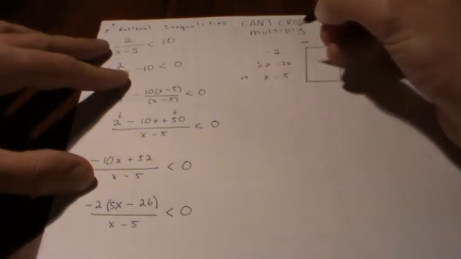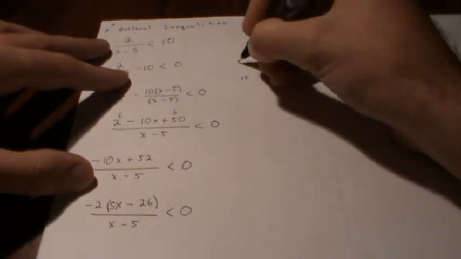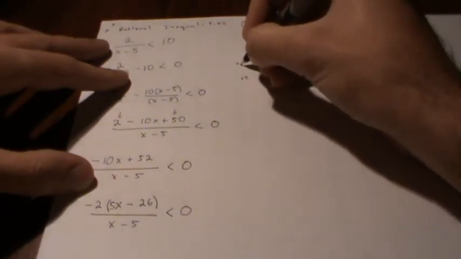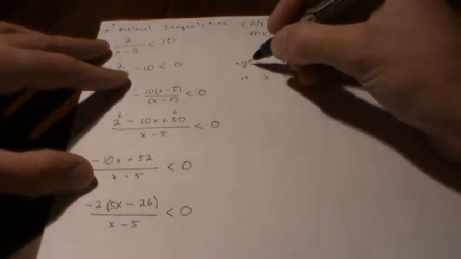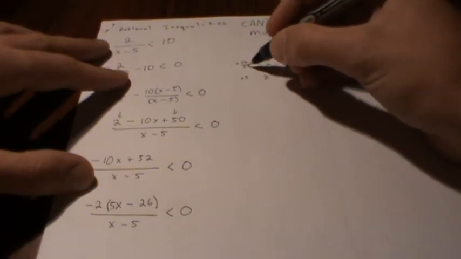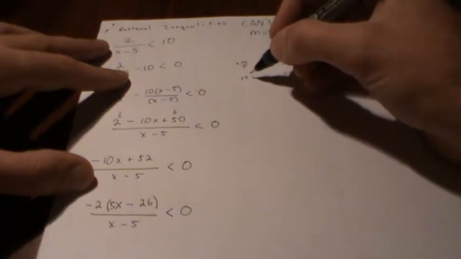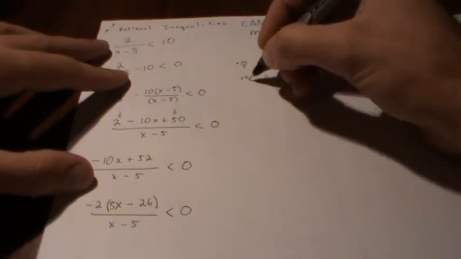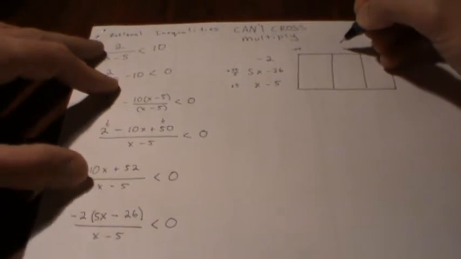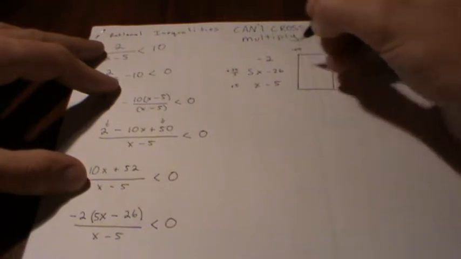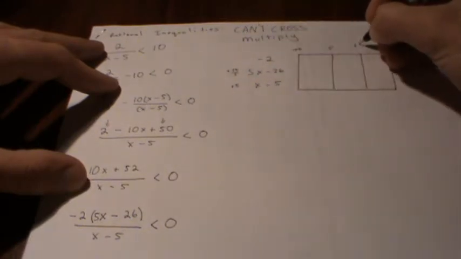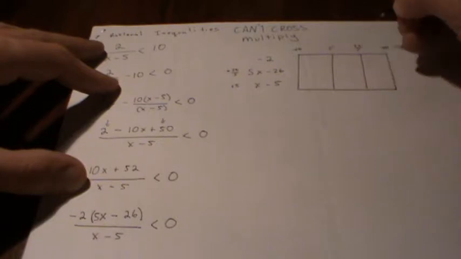The factor 5x minus 26 is 0 at 26/5. You have to decide which number is larger. 26/5 is 5 1/5, and 5 is just 5. So you write these two zeros in numerical order, with the lowest first and the highest second.